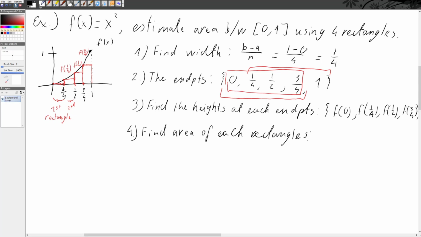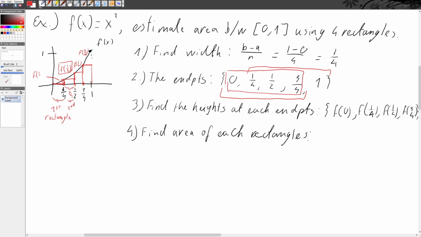To find the area of a rectangle, we take width times height. If we take a look at the graph, the width will always be 1/4. What is the height? The height is precisely whatever the function is at the left endpoint, right there, that's the height.